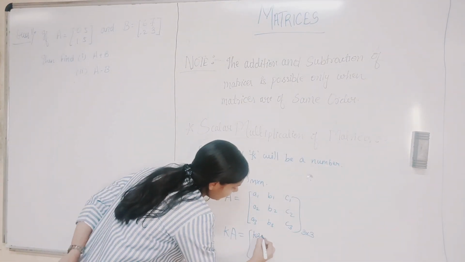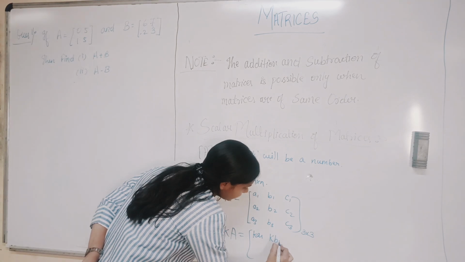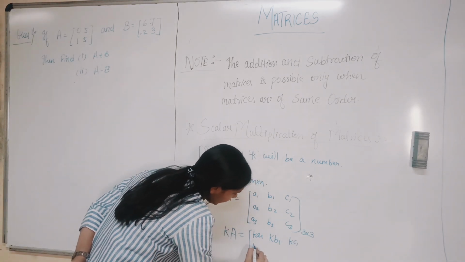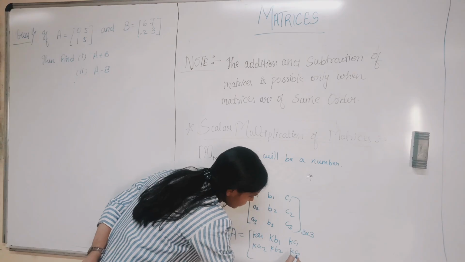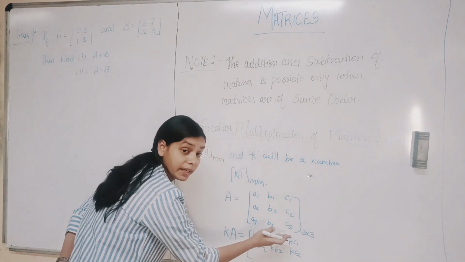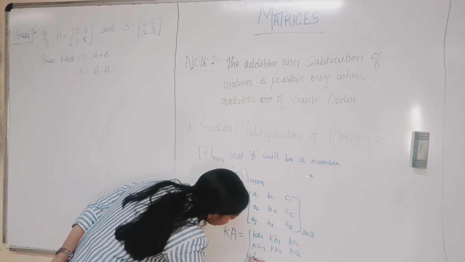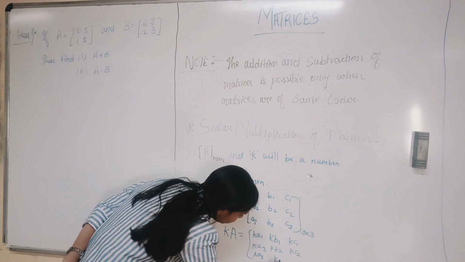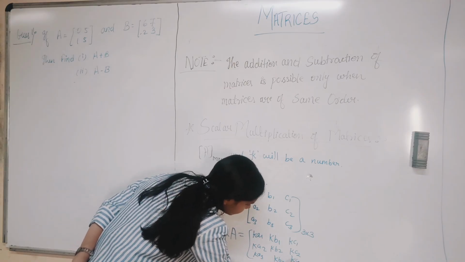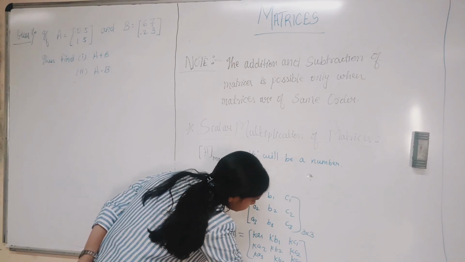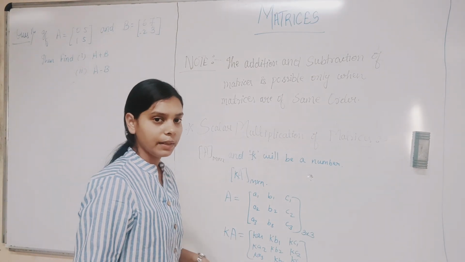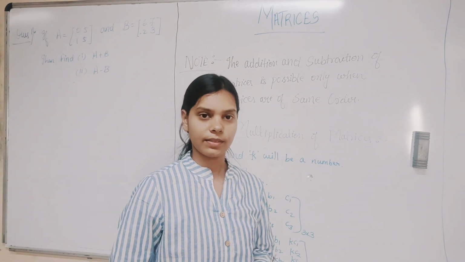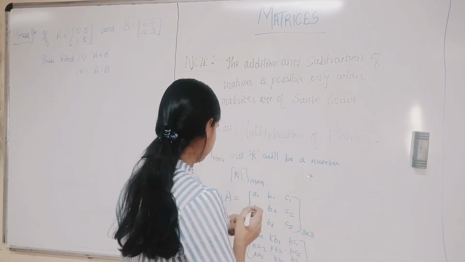So we get kA1, kB1, kC1, kA2, kB2 and kC2. Similarly, we multiply k in the third row also, then kA3, kB3 and kC3. Okay, this is called the scalar multiplication of matrices, isn't it?